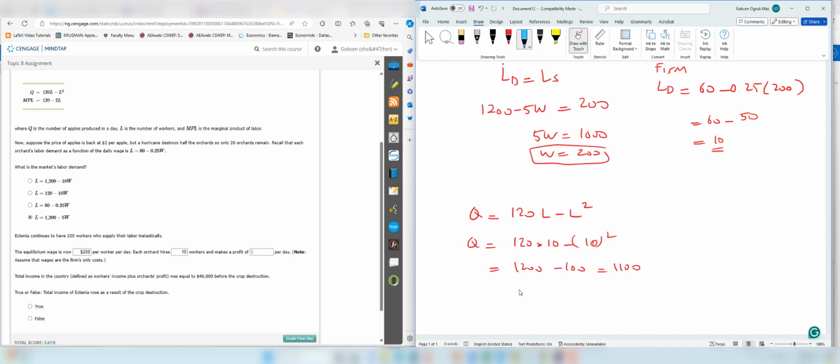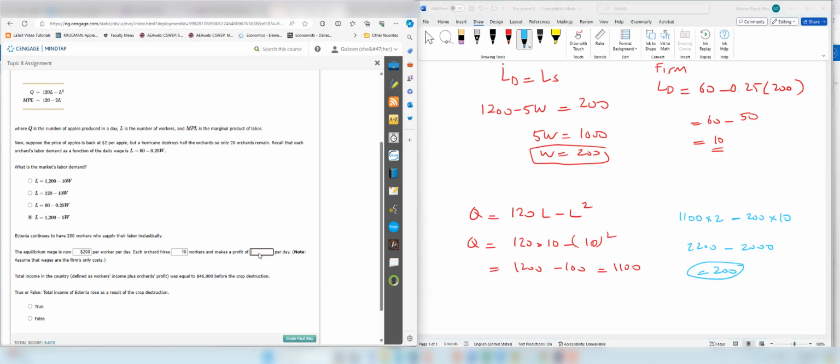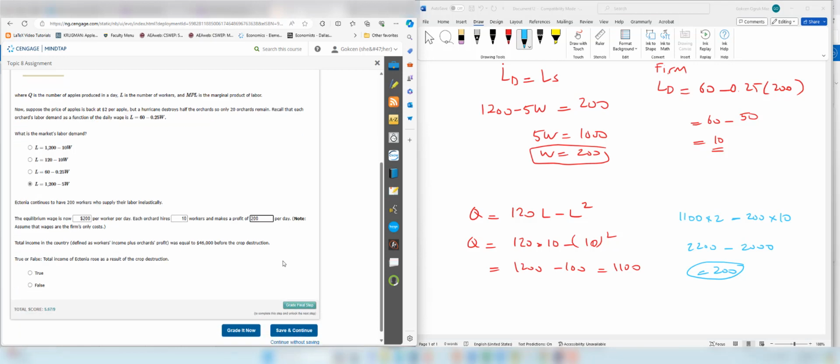Profit is total revenue minus total cost. We know 1,100 times 2 is the revenue. Cost is 200 times 10, because we are now hiring 10 workers. So this is 2,200 minus 2,000, which is 200. That should be $200 of profit per day.